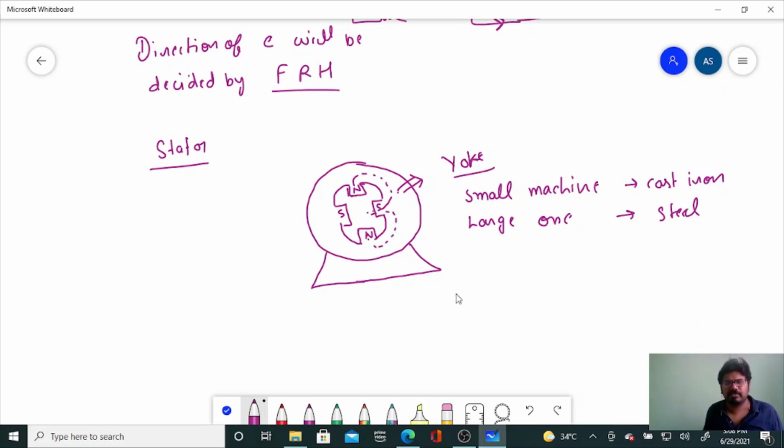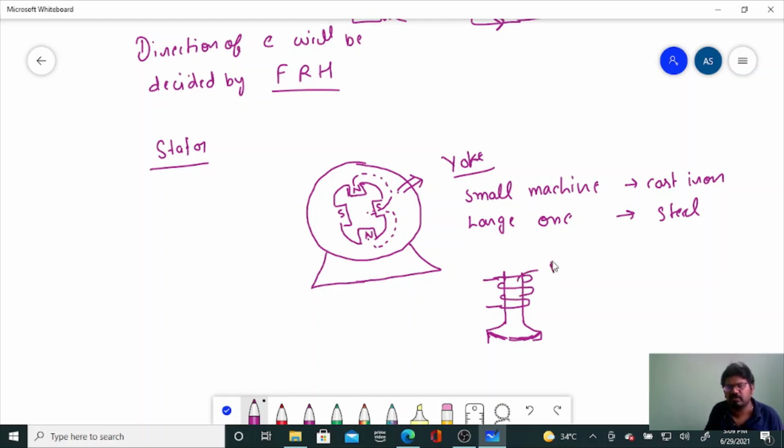Okay, so if we draw this pole separately, it will be like this. This portion is where the field winding is connected and we apply a DC here.